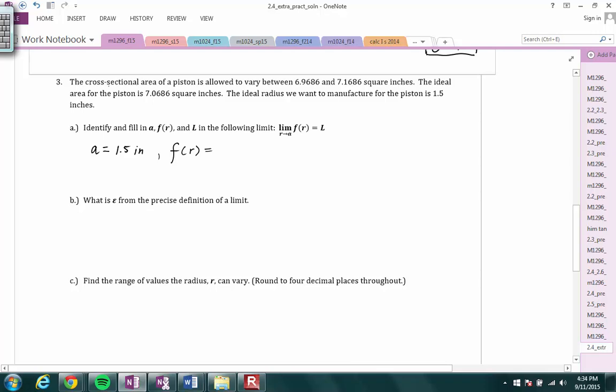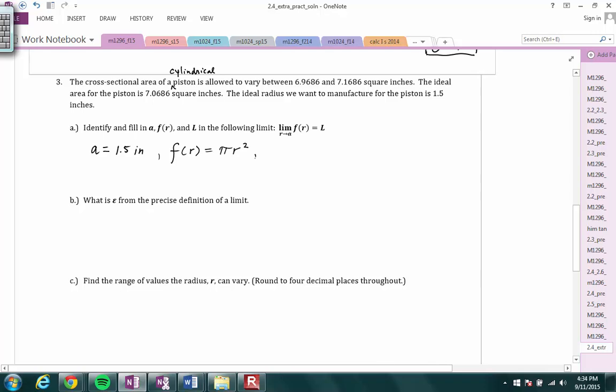I did that in the notes for the similar example, but I didn't do it here. So let me just correct that quick. The cross-sectional area of a cylindrical piston. Okay. That's helpful to know that the cross-sectional area is a circle.